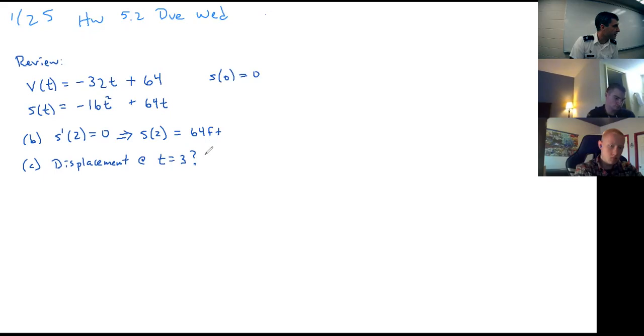How do I figure that out? You plug the 3 in for t. And when I plug it into which equation? It should be the s of t. Right, I plug it in.